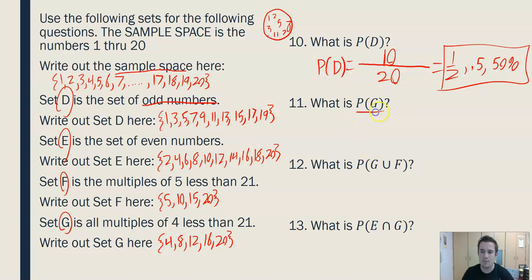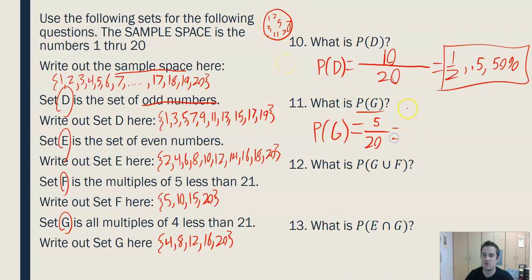Okay, what is the probability of G? How many numbers are there in set G? There's 1, 2, 3, 4, 5. So there's 5 possible ways of drawing a number in set G, and there's 20 possible outcomes because I have a sample space of 20. That's how many numbers are in my little pool here.